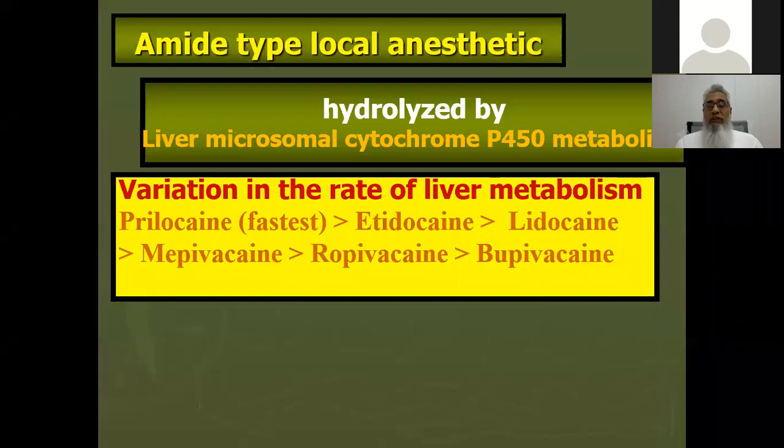Similarly, if the blood flow of the liver is compromised, which happens in congestive cardiac failure, the hydrolysis of these amide local anesthetics is inhibited. So the condition of the liver should be considered whenever you are giving an amide local anesthetic to a patient, especially in old age patients, very young patients like neonates, and patients with liver cirrhosis, congestive cardiac failure, acute hepatitis, or hepatic failure.